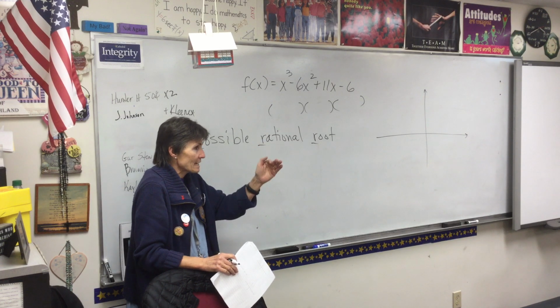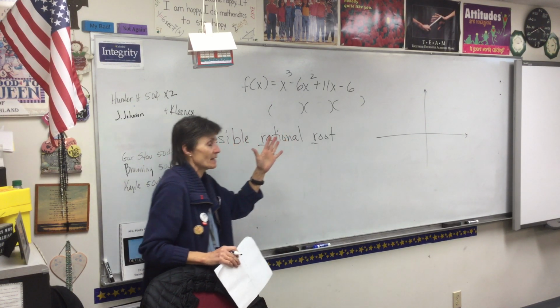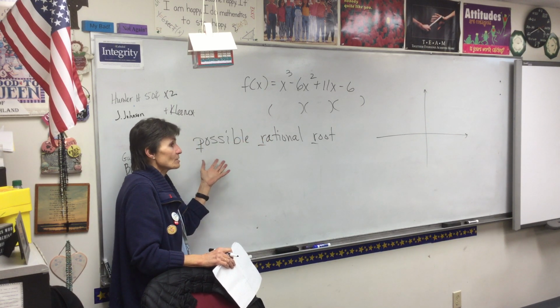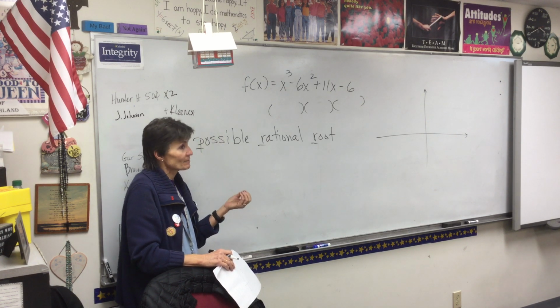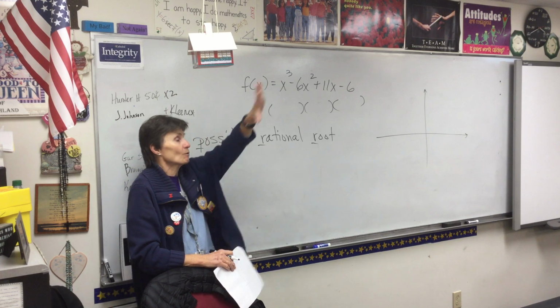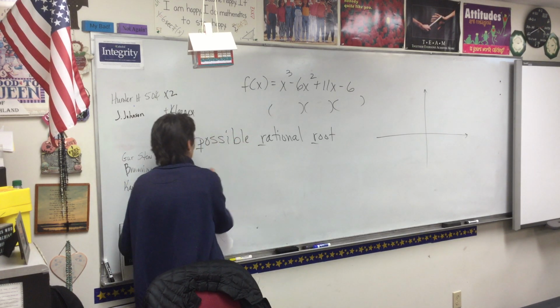Right now, when I say guess, you have infinitely many numbers to guess. Infinitely many. I'm going to narrow it down for you, so I'm going to give you a list of possibilities. Now, are you still going to have to guess? Yes, but you're guessing from the list, not from every number in the world. Okay? Here's how the PRRs work.